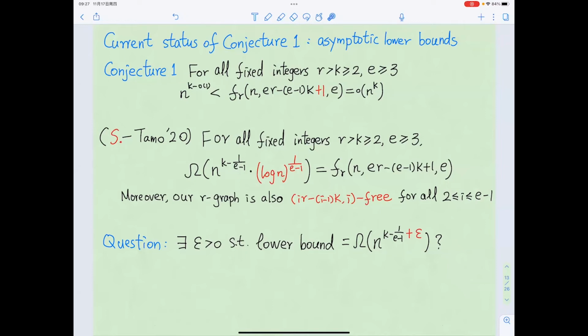So here is a very interesting question. Can we improve the lower bound substantially by some n to the power of epsilon?